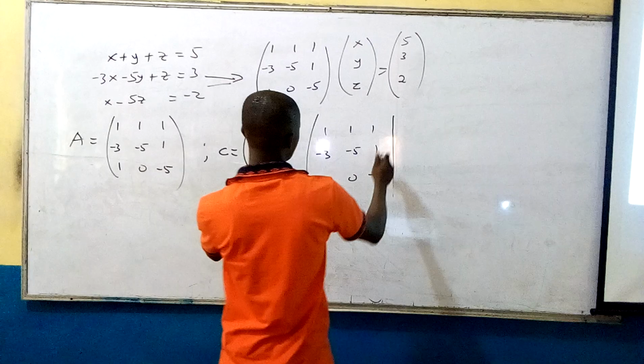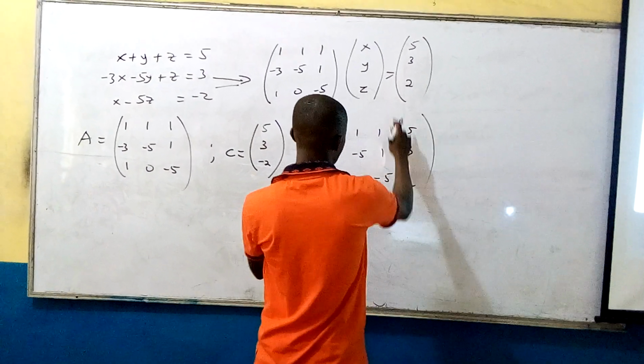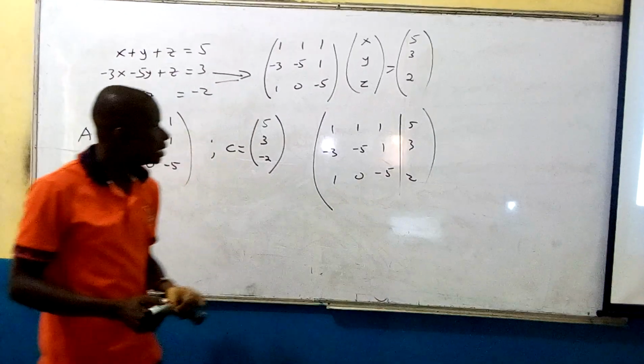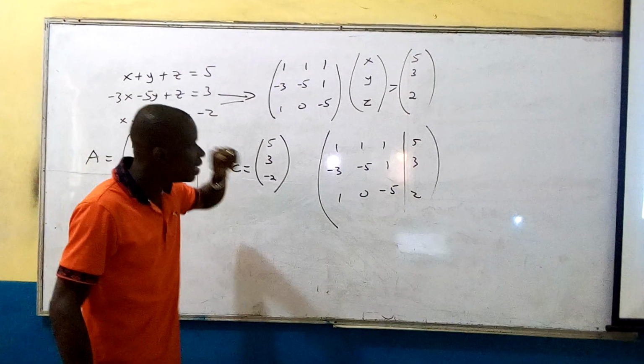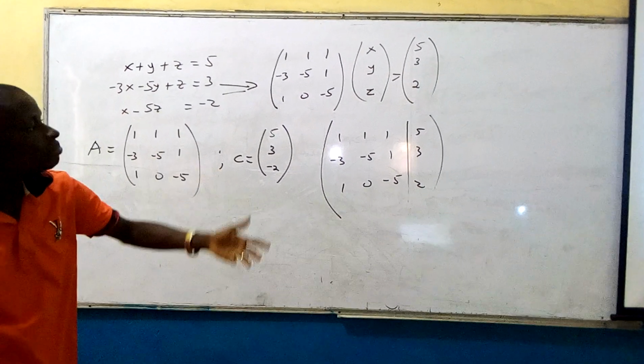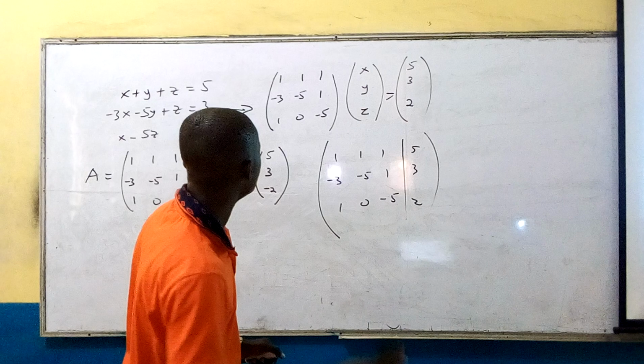It can be dashed. Then you have 5, 3, and 2. So whenever you see this, at times they are dashed, it means that the matrix is augmented, right? And it can tell you that this is a system of equations. So that's what we mean by writing it in augmented form.